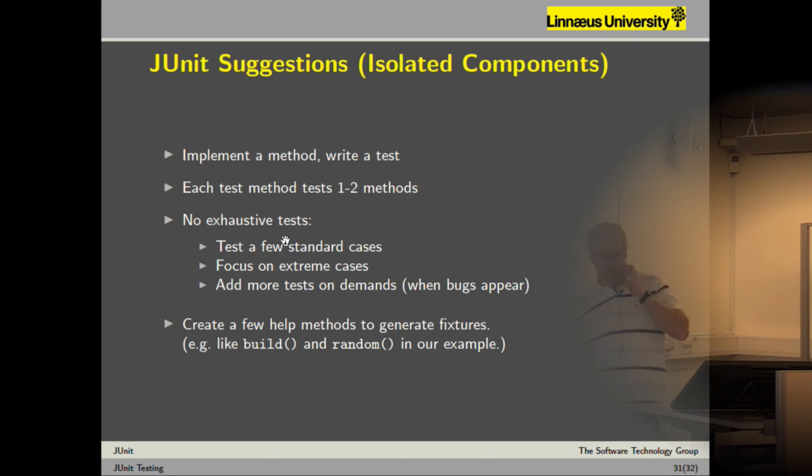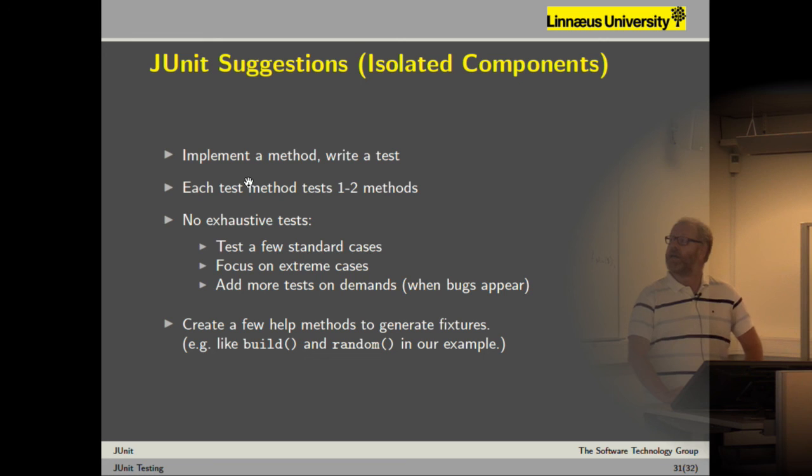So from now on, when you are developing code, you are adding a method and then you are testing that it works. Why not use JUnit is my idea. JUnit is just as easy as a main method to test that it works. And you can store the tests and reuse them later on. So the idea is that you implement a method and then you write a test in your JUnit test.